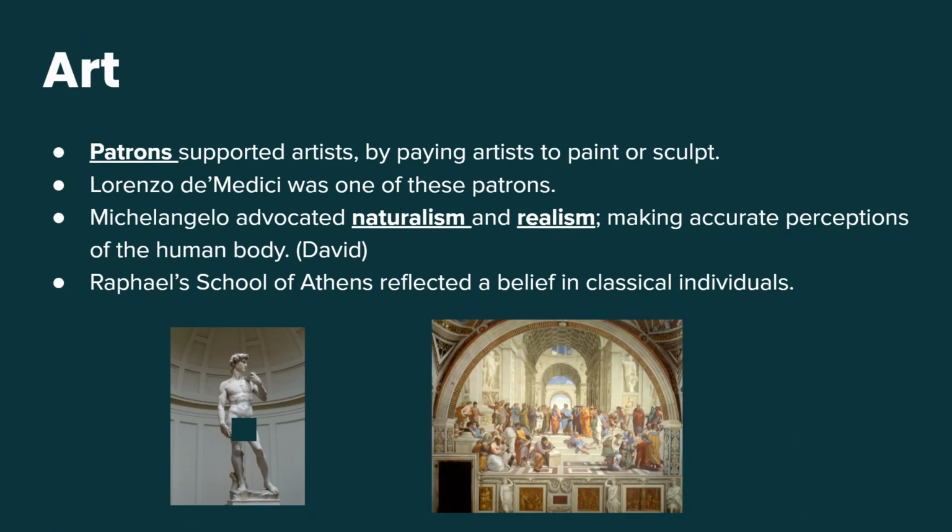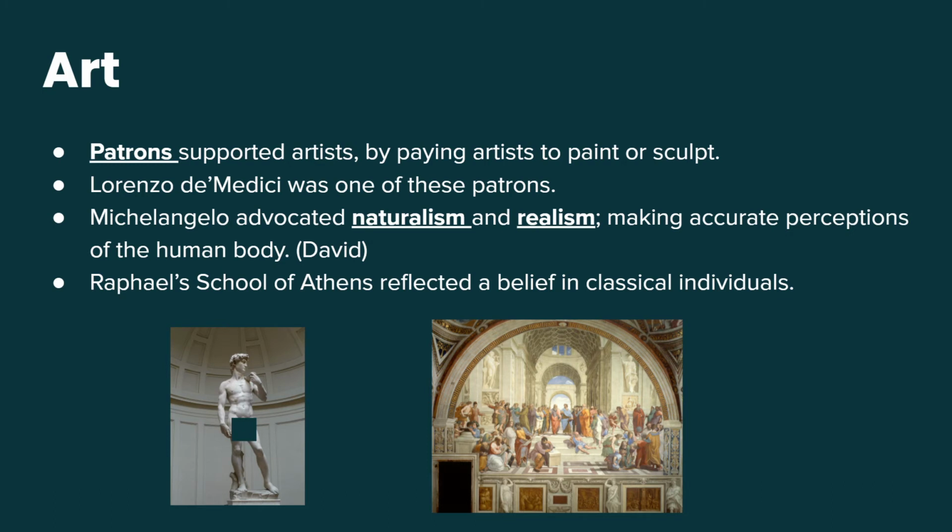Then there's art, and with the art, there are patrons who supported these artists by paying them to paint or sculpt, sometimes for their own purpose, like so they can gain power or respect or dignity or whatever it is. And Lorenzo de' Medici was one of these.